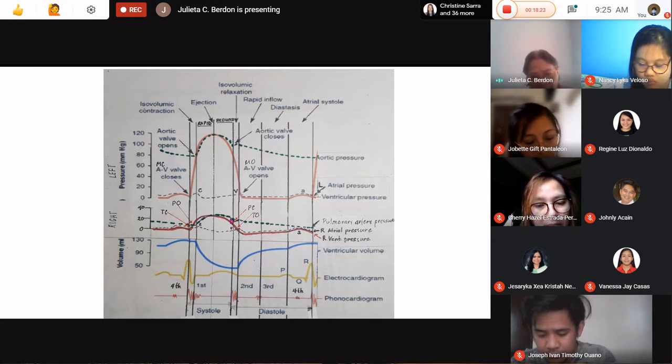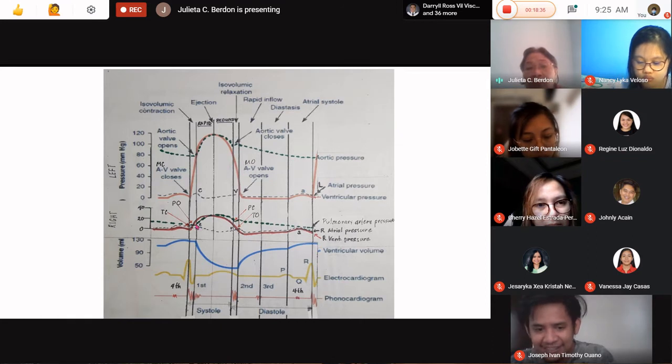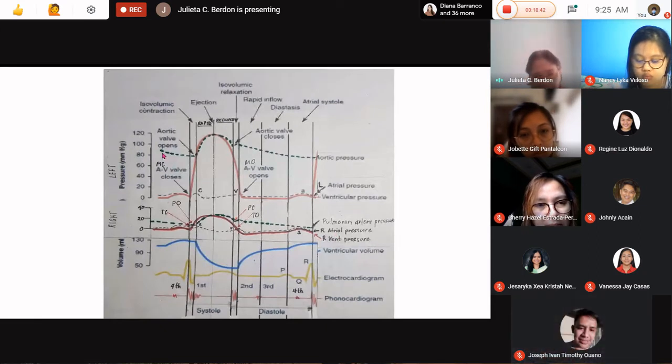So the red line, the same is true. The red line represents left ventricular pressure, while the red line here, of course, represents right ventricular pressure.